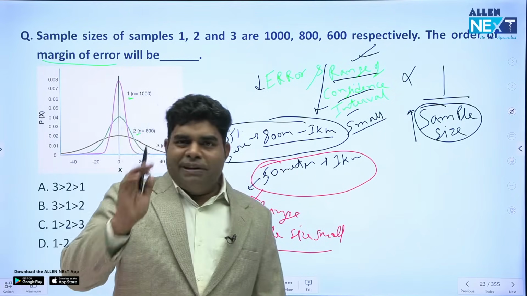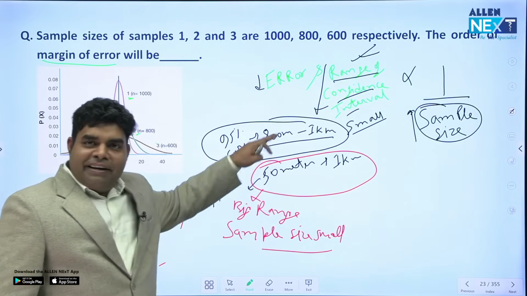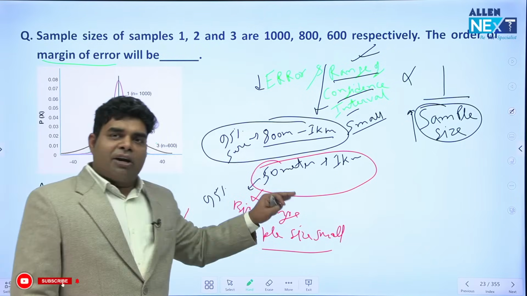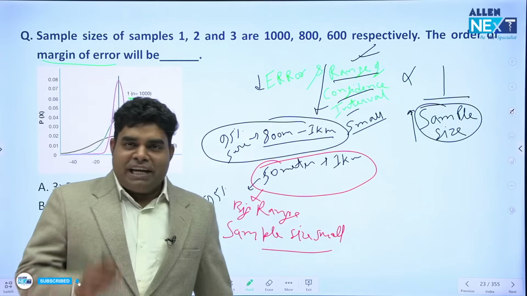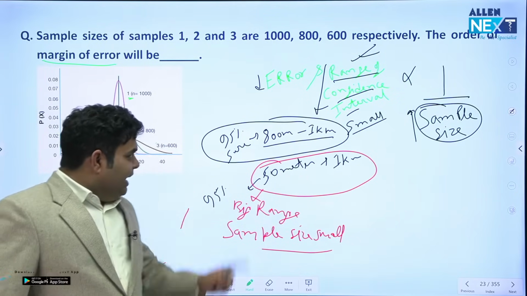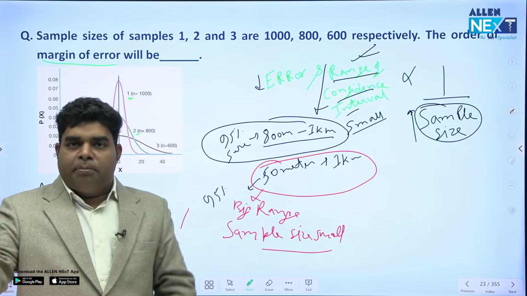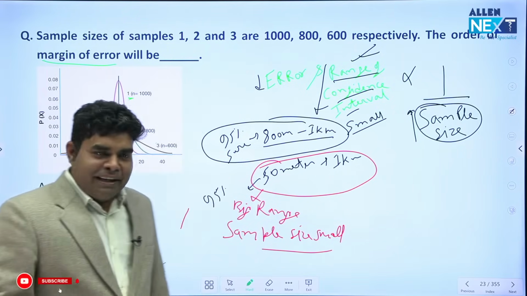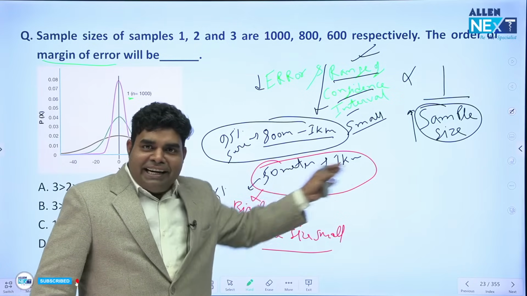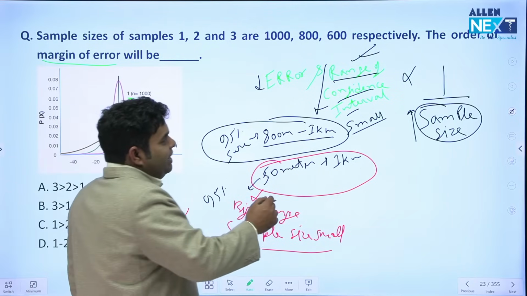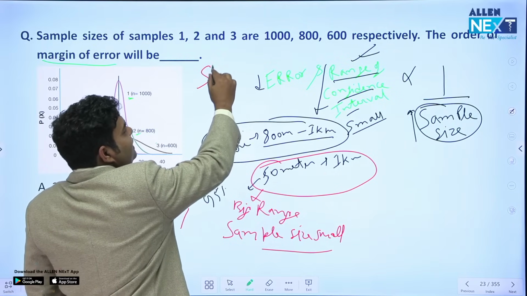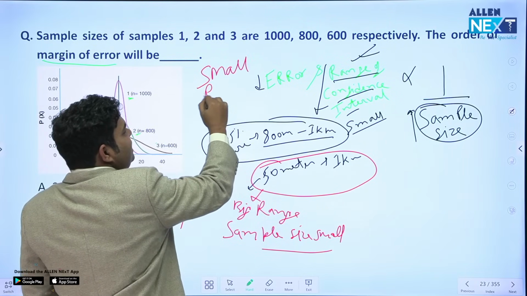Out of these two data, which is better quality data? 800 meter to 1 kilometer is a better answer, na? Because it is telling about the health of the person, that he is having good health. My range is not giving us any idea. So remember, a small range of confidence interval, more significant data.